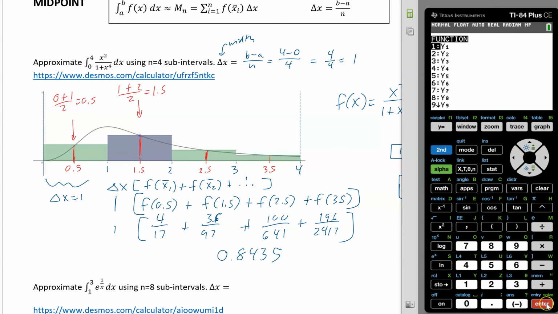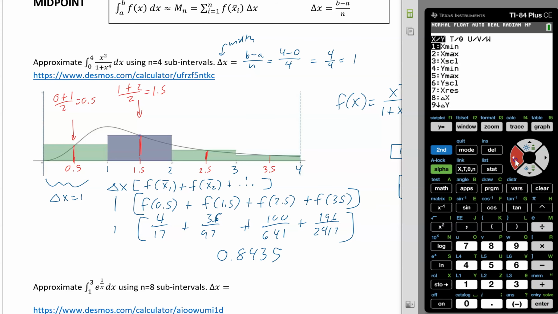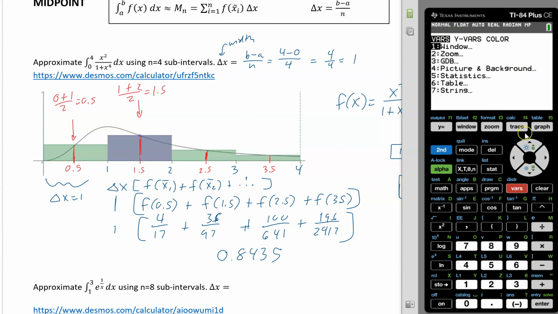And then we put in 1.5, and we just keep doing this. 2.5 with parentheses, of course, and then one more left. There we go. So it's VARS, Y-VARS, and then function.